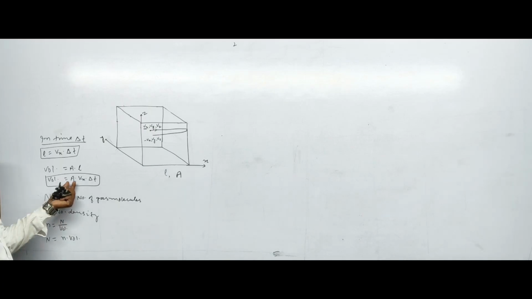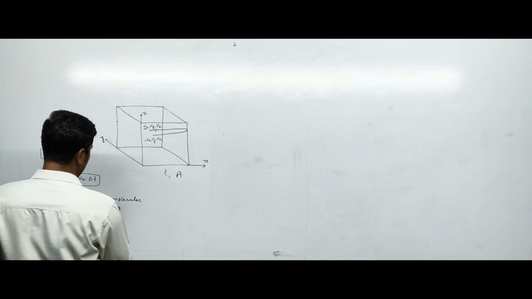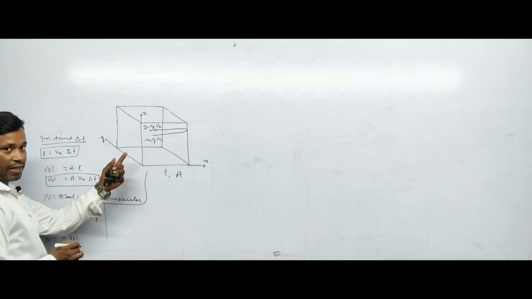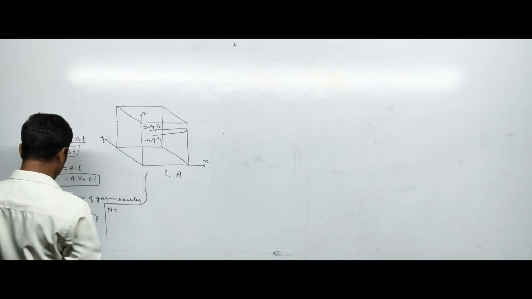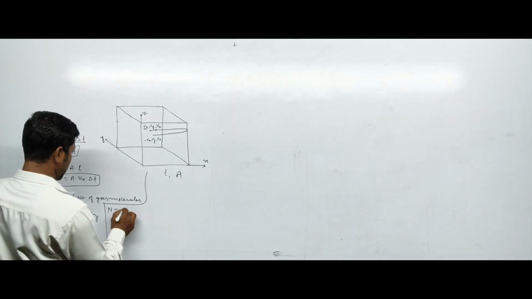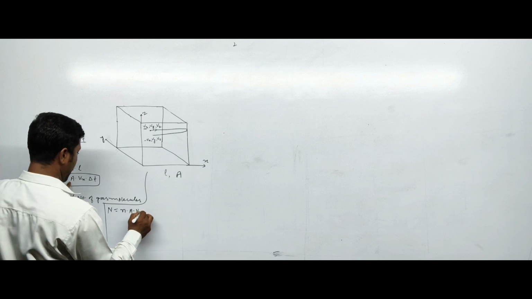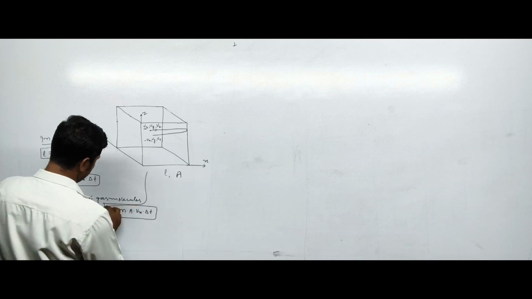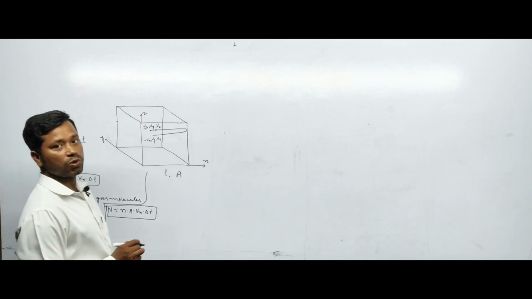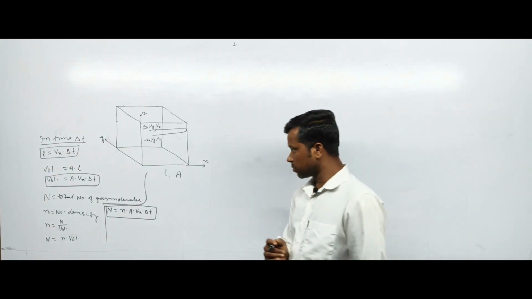If you put the value of volume calculated earlier in that relation, we get the final relation for the total number of particles of that gas enclosed in the cube, that is capital N equals small n into A Vx into del T. This is the expression for the total number of gas molecules enclosed in this cube.